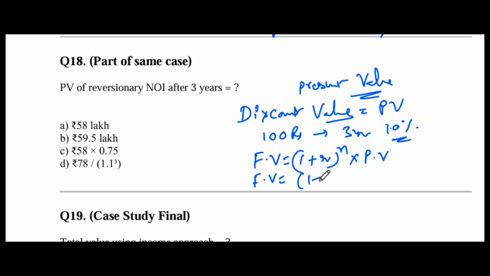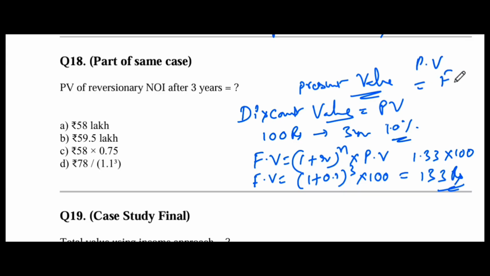Then 1 plus R, meaning 0.1, whole power 3, into 100 rupees. 1.33 into 100. That means 133 rupees I will get after 3 years. So what is the present value here? Present value will be future value by 1 plus R whole power N. Right?